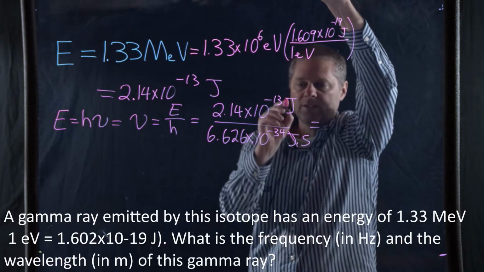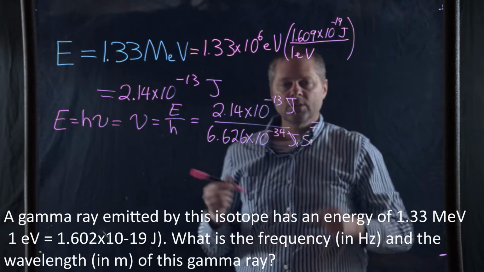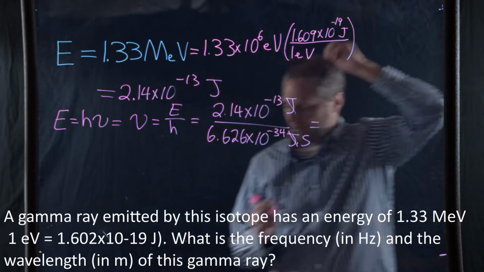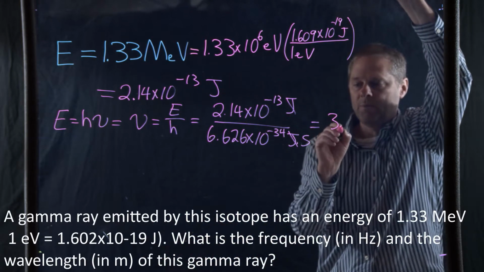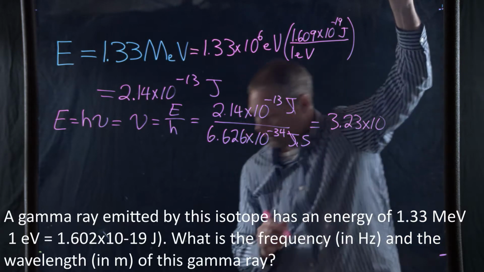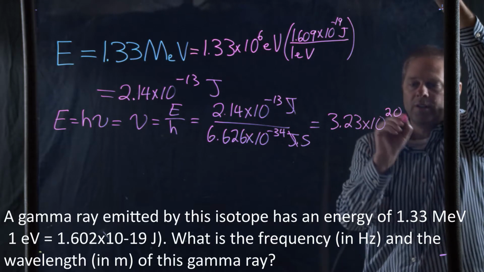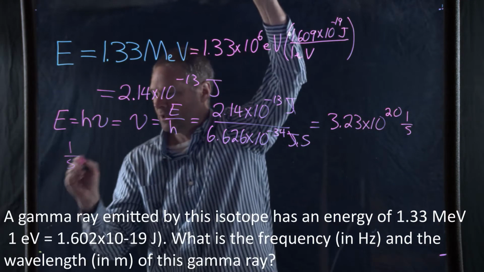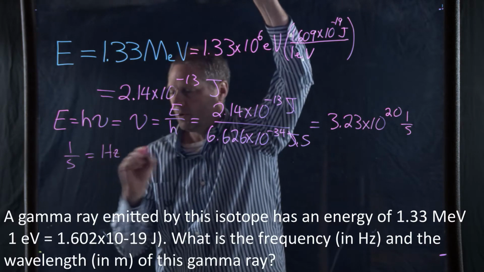The joules cancel. We now have inverse seconds, which is the unit for hertz. We do this calculation, and this becomes equal to 3.23 times 10 to the 20th inverse seconds, but 1 inverse second is equal to a hertz.